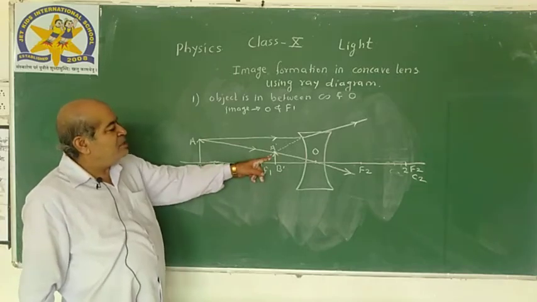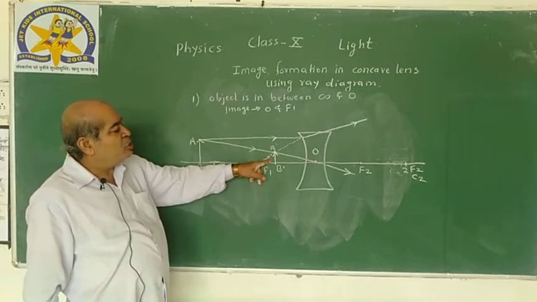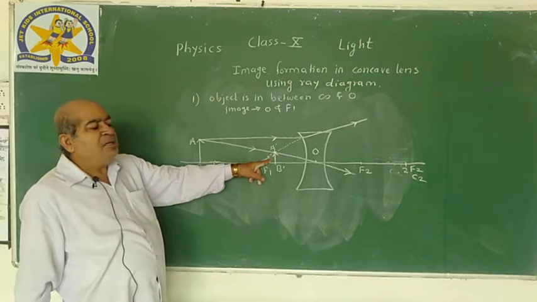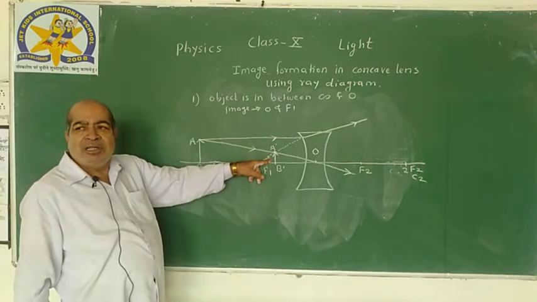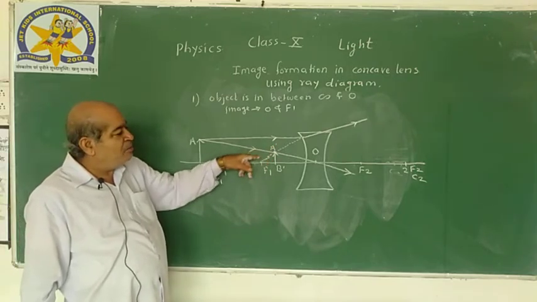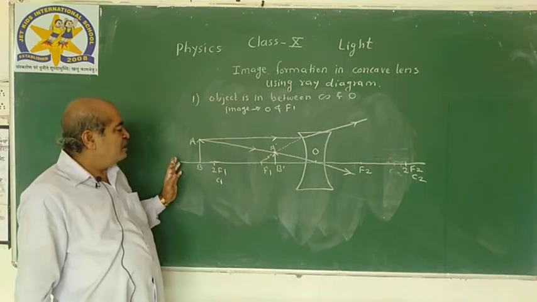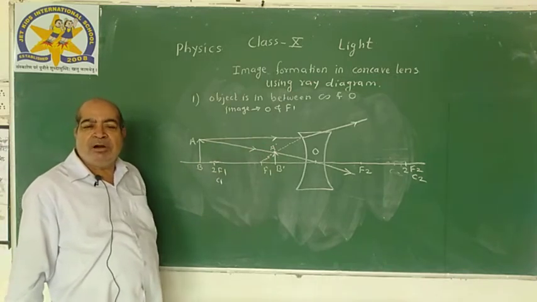This image is erect and virtual because it is formed due to the extension of the rays, and hence a virtual image is formed.